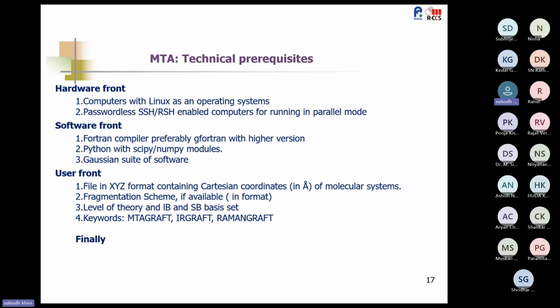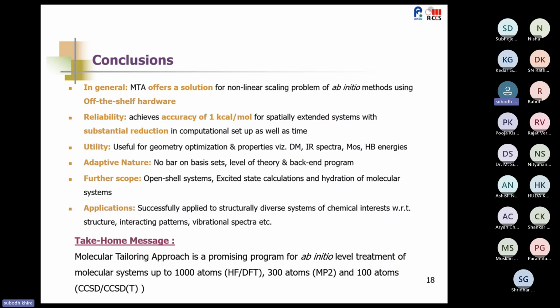You can use that. Otherwise, you can take the help of the automated system. And the level of theory means the small and large basis sets, at what level of theory you want to do the calculations. And then the MTA keywords, meaning what you want to do, MTA energy or IR or the Raman. With this background, you can submit the job and take a coffee break.